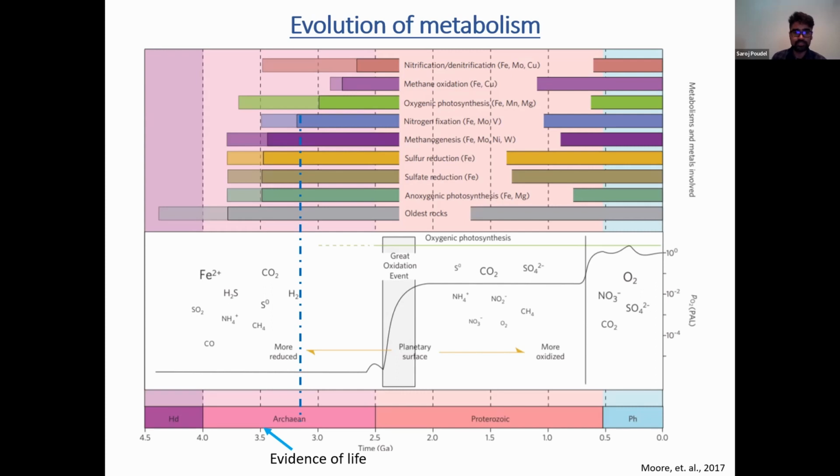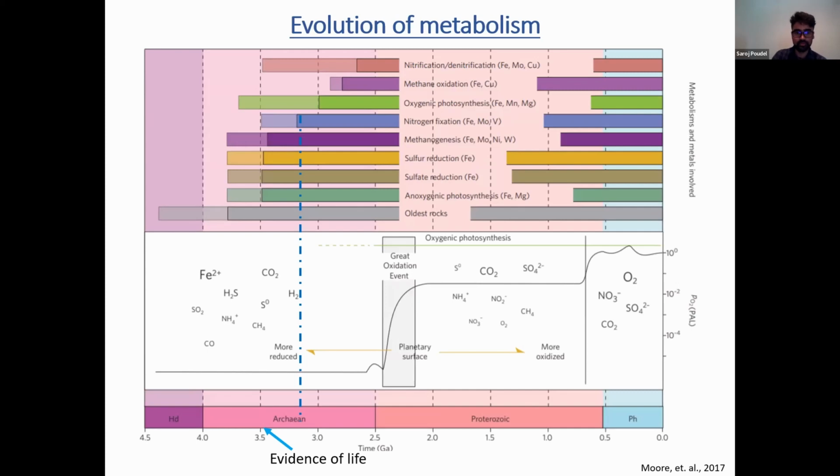So what you can see, based on the evidence, is that nitrogen fixation was around roughly 3.2 billion years ago, right? And the lighter bar represents that we're not that confident, but we hypothesize that nitrogen fixation was around at least 3.5 billion years ago.